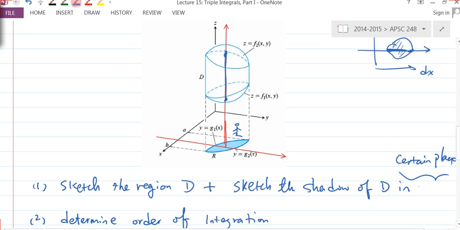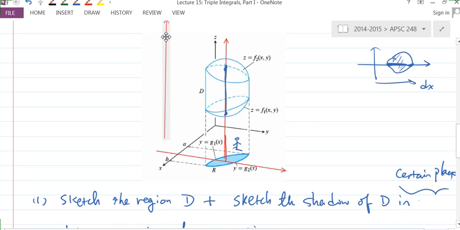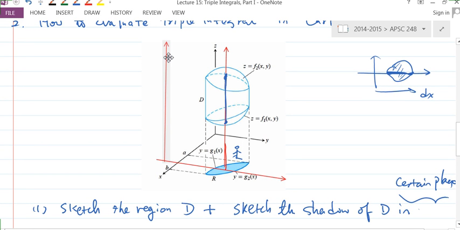And then the second step of sweeping is we're going from this y along the positive y-axis direction. So basically you're sweeping this line through this region D, going through it in the positive y-axis.